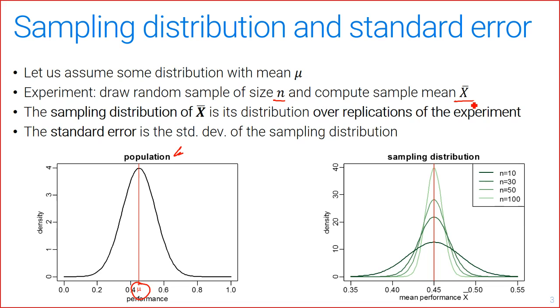And what we saw is that depending on the n specific items, we're going to have a slight variation in the sample mean. So this x bar is going to vary a little bit over replications of the experiment. And the question is, how much is it going to vary? We had this illustration in which we are sampling n equal 10 items.